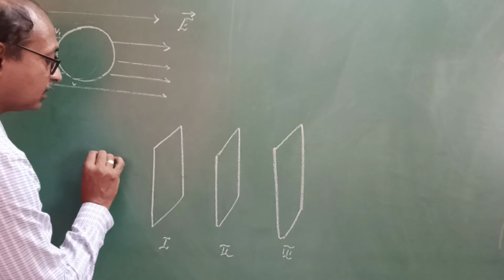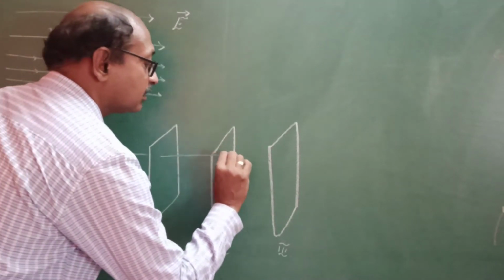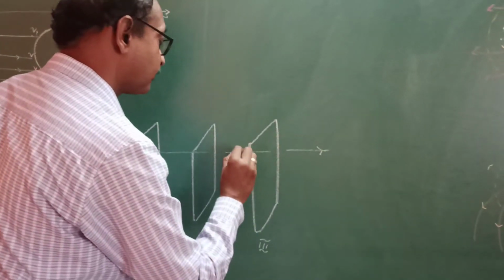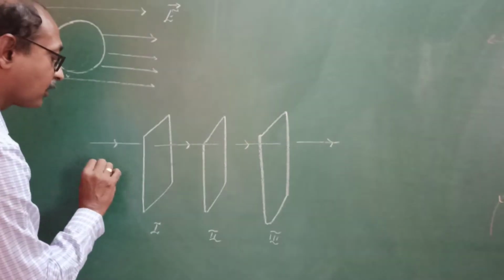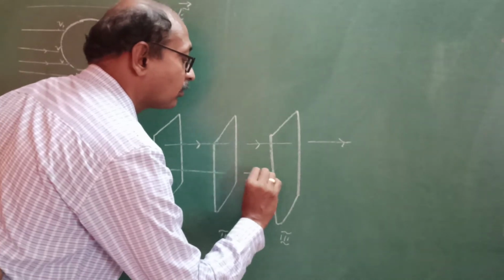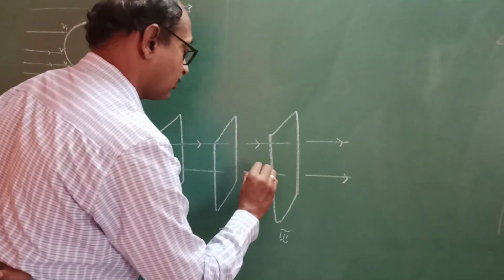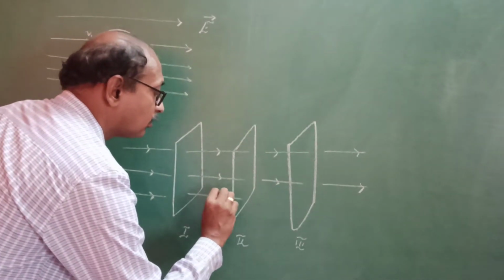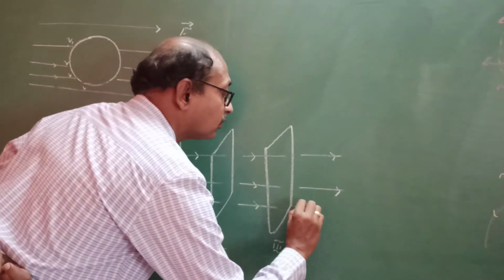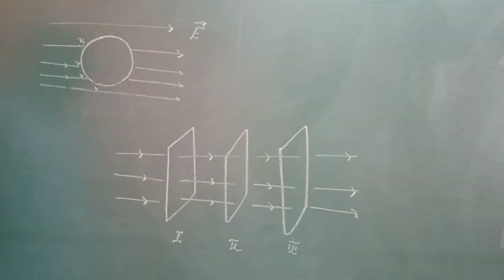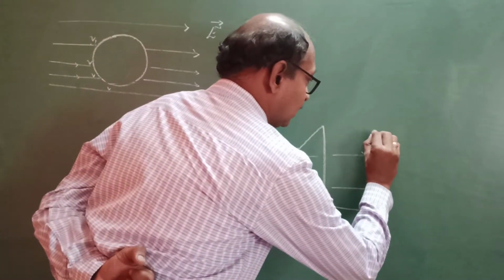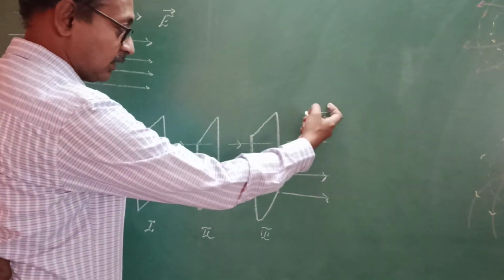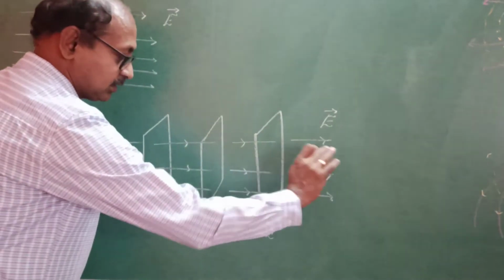And we have the electric field in this direction. We can say this is a uniform electric field.